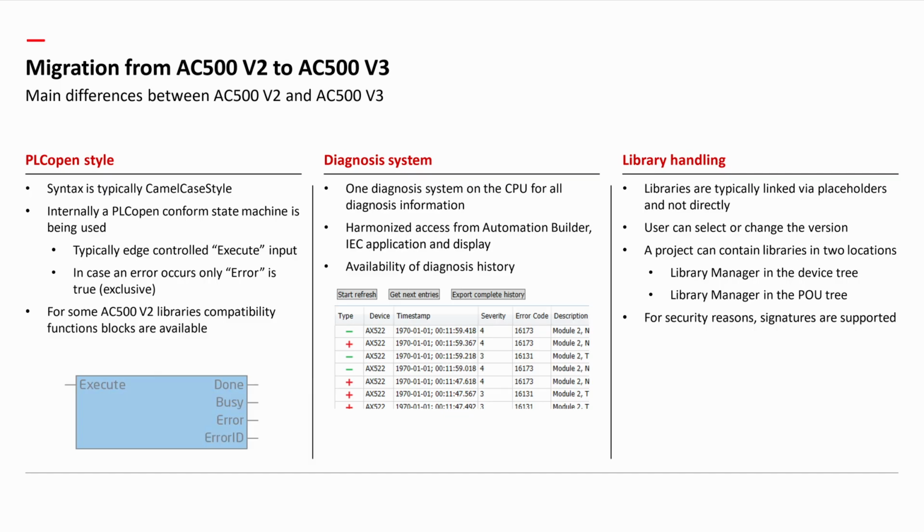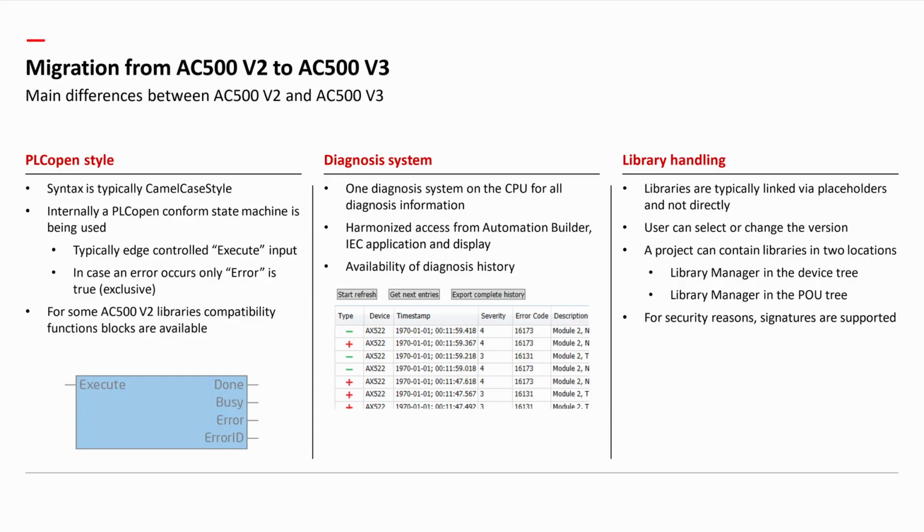From my side, I will take over the hands-on presentation, just to give a short introduction to what has changed. So what are the main differences between V2 and V3? We have three points on the list. The first one is the PLCopen style. If you know V2 programming, all function blocks were in capital letters with an underscore in between.